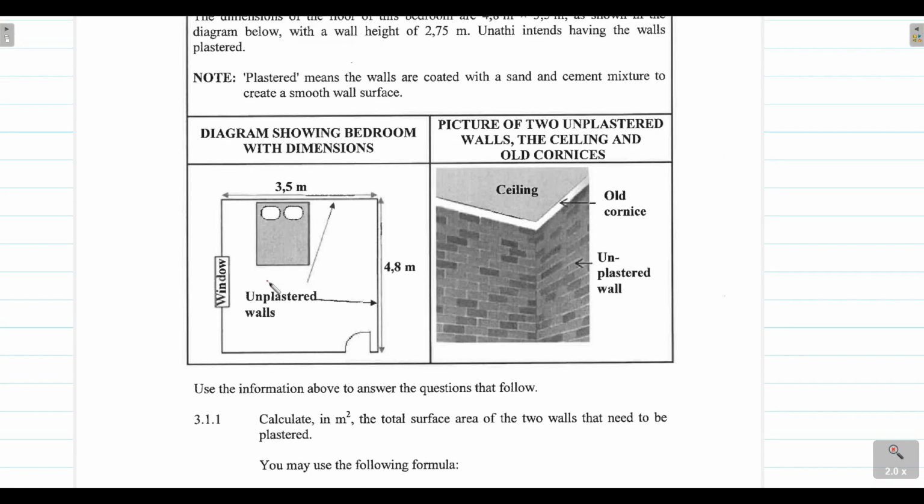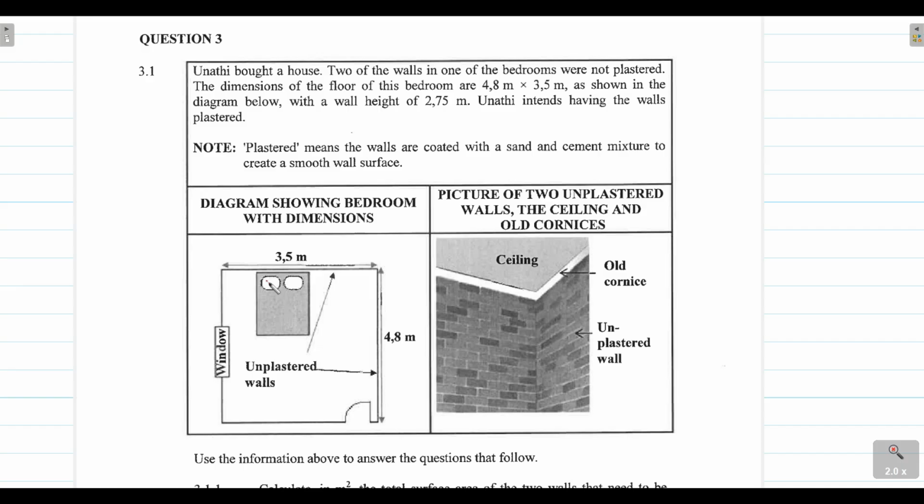Just to recap, when we're calculating surface area, what are we basically doing? We are calculating the area of that particular surface that we're looking at. If you were to look at a plain wall at home, and I were to say to you, please determine what the surface area of this wall is, you'd have to ask yourself, is this wall a rectangular wall?